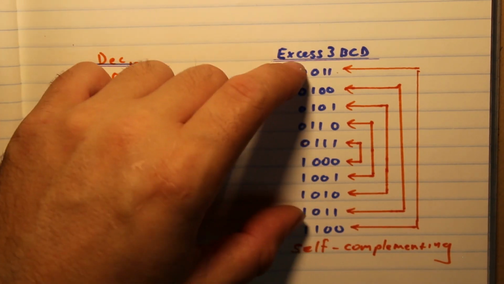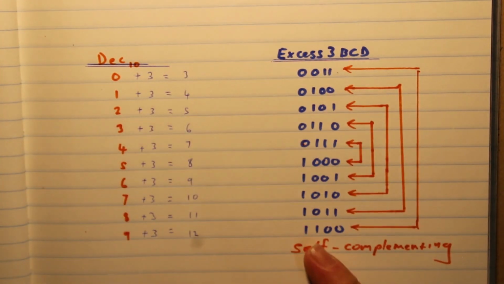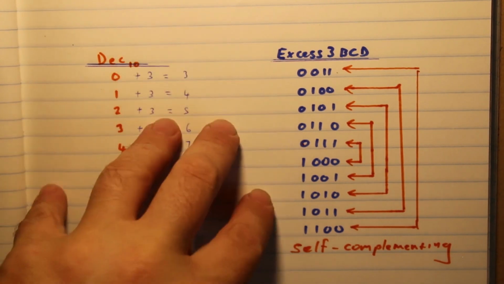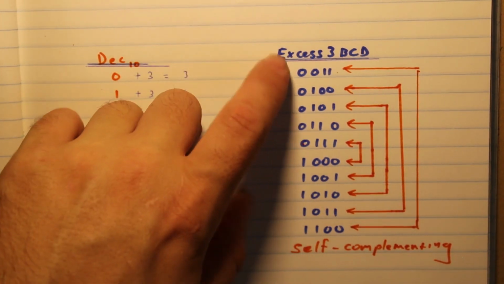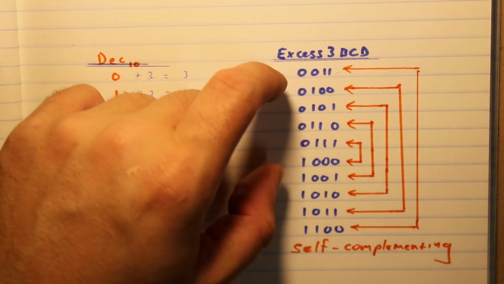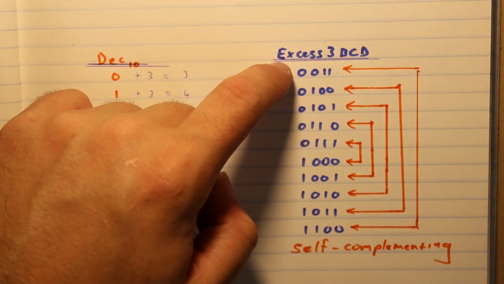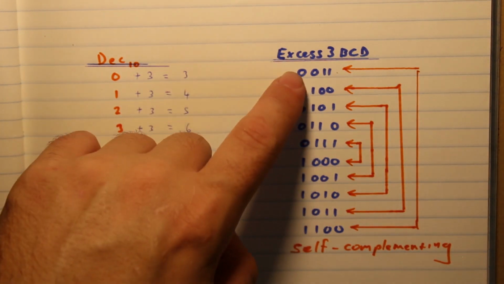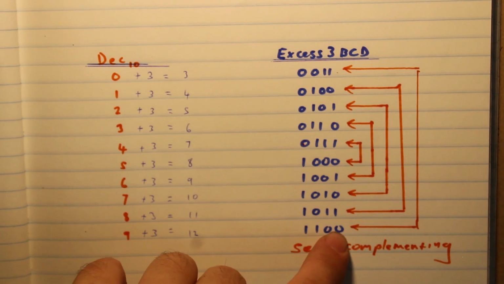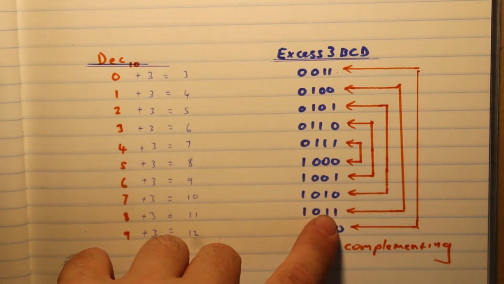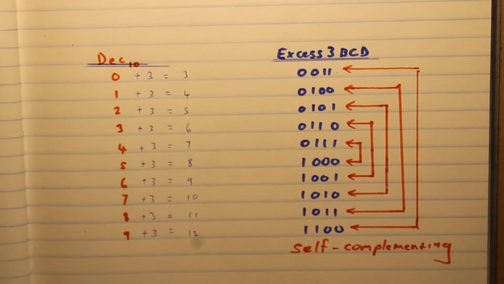So again, you can write down this code, and then you can check if you are correct by checking that the mirror image, you could say, is the complement. So you could check if this one is the complement of that one, if this one is the complement of that one. Then you'll know that you haven't made a mistake in the code.